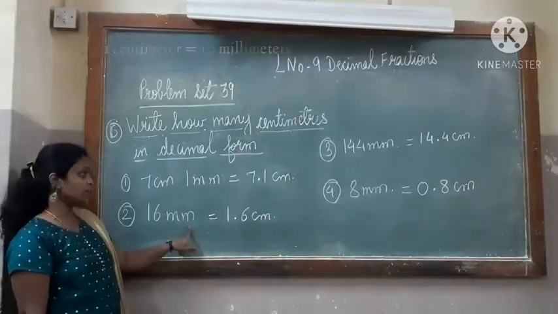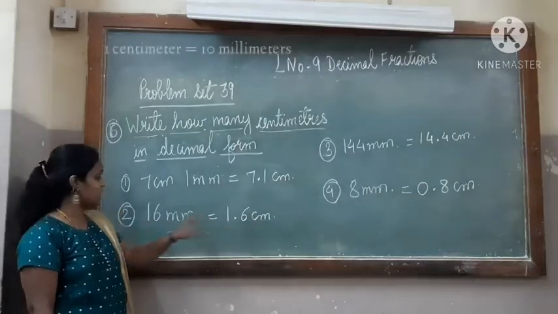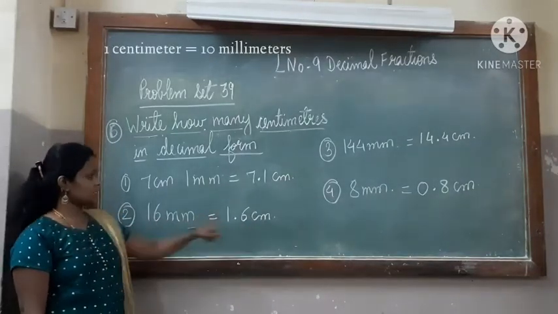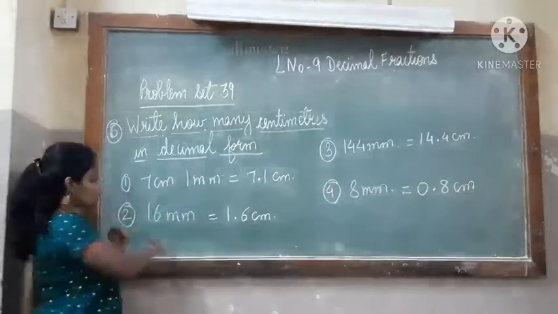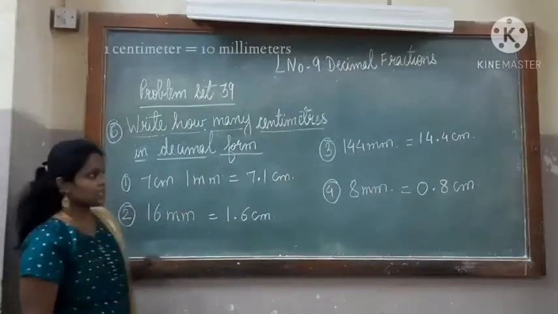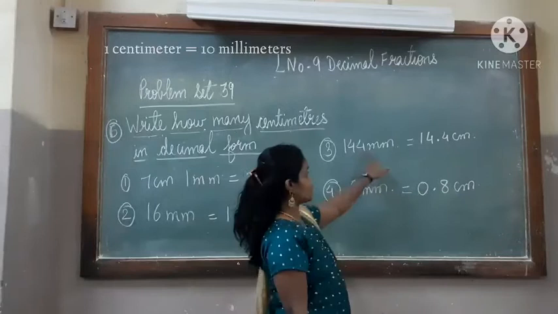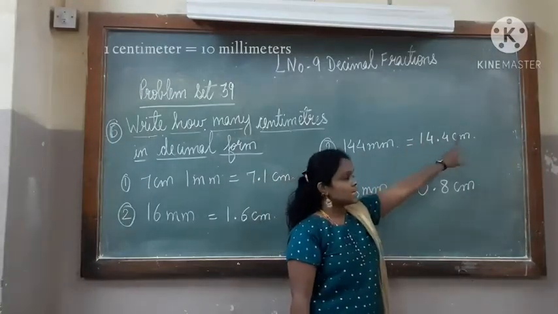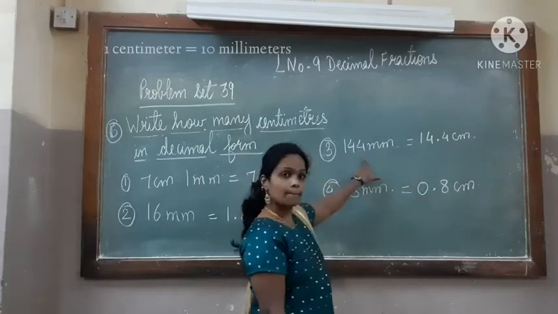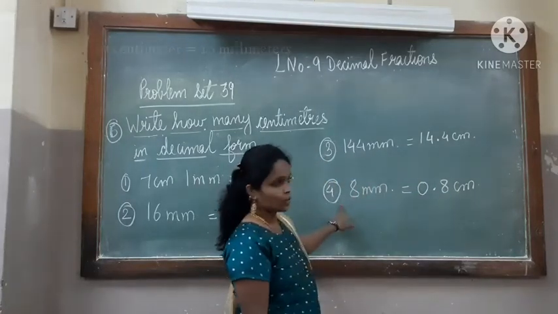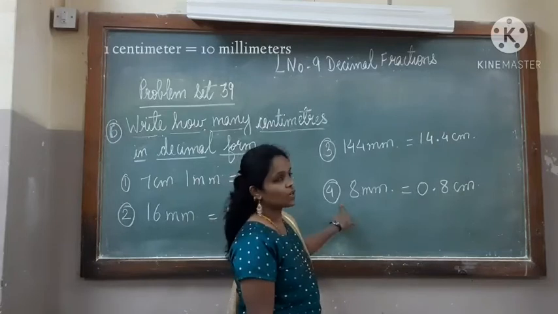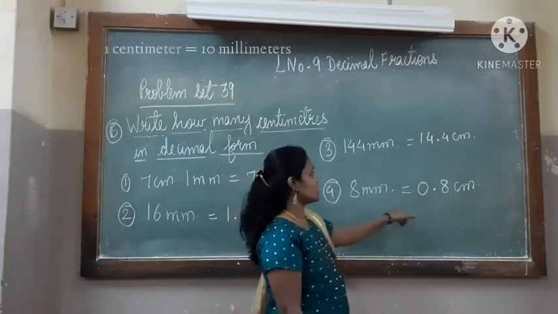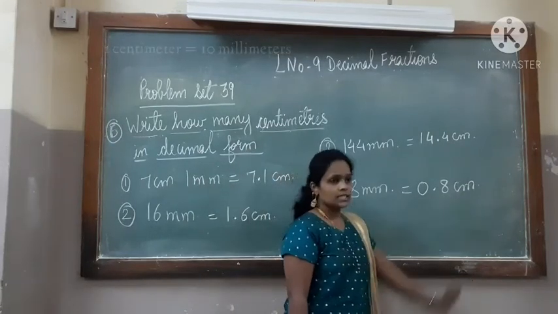So for converting into centimeter, we will write 1.6 centimeter. Only 2 digits are given here. There you can see a 3 digit number is given, 144 millimeter. So you will write 14.4 centimeter because this is millimeter. And the last one is 8 millimeter and you have to convert into centimeter. So you will write 0.8 centimeter.